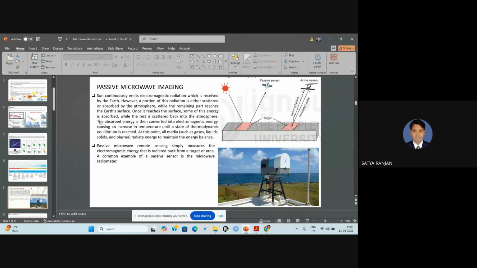It simply measures the electromagnetic energy that is radiated back from a target or area. A common example is the microwave radiometer.